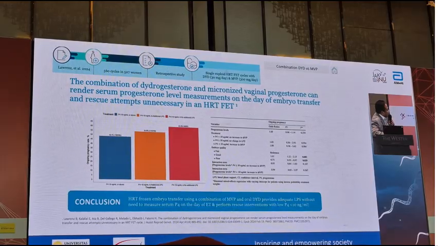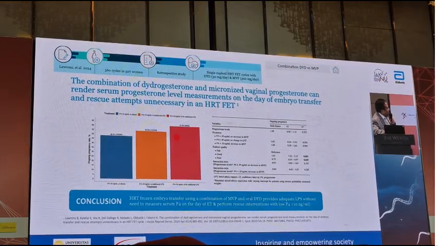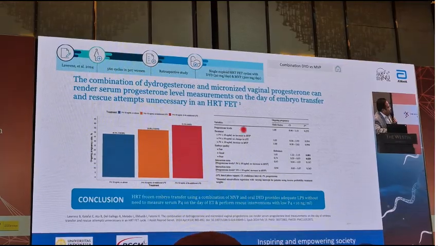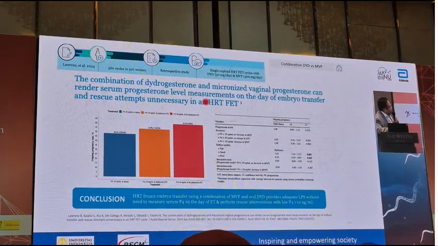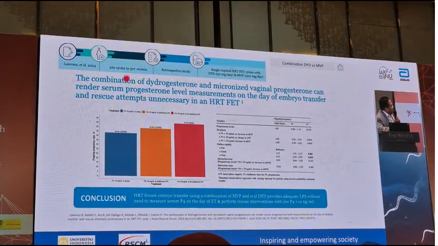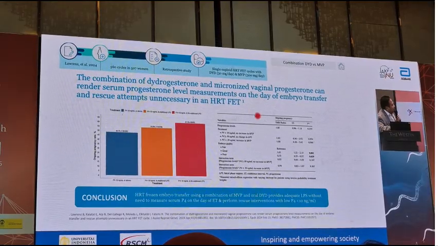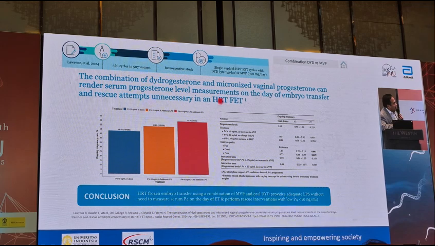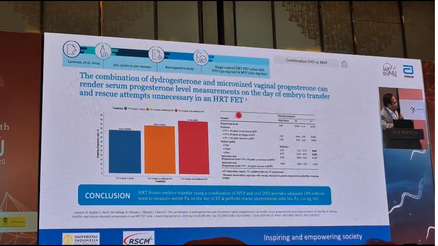The other study, also very interesting, again by Barbara Lawrence, tries to see how the combination of dydrogesterone and micronized vaginal progesterone can save the serum progesterone level measurement on the day of embryo transfer and rescue time, which is unnecessary in hormone replacement treatment in frozen embryo transfer.